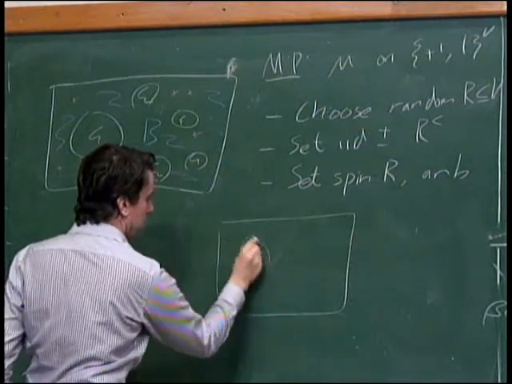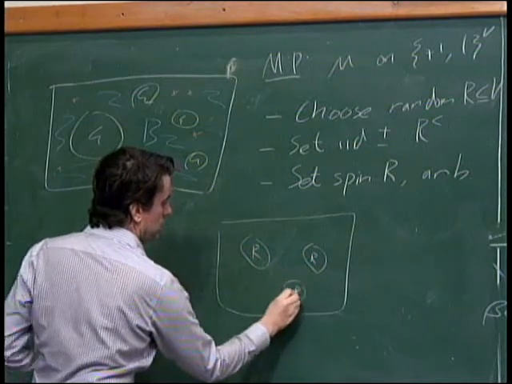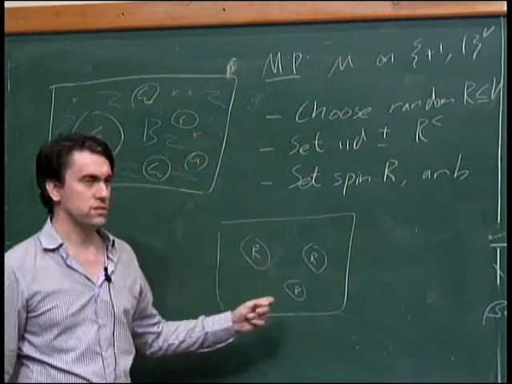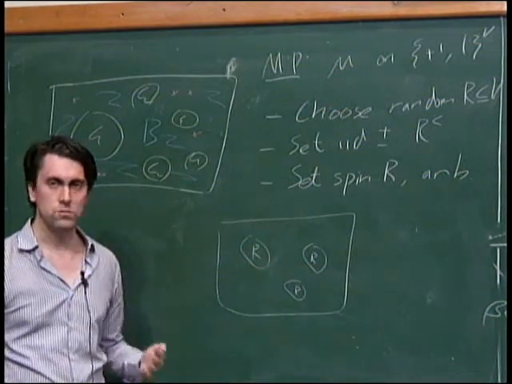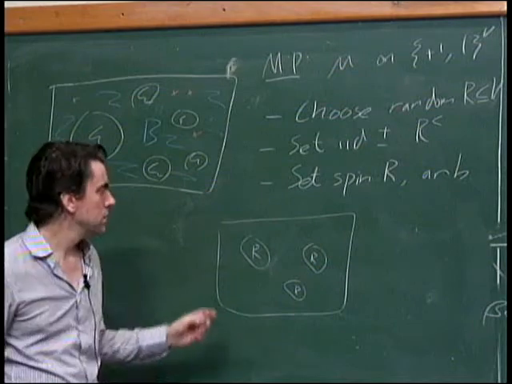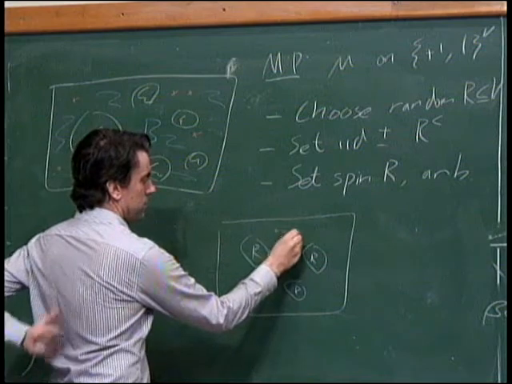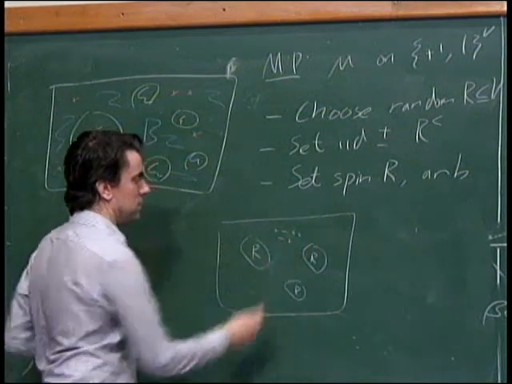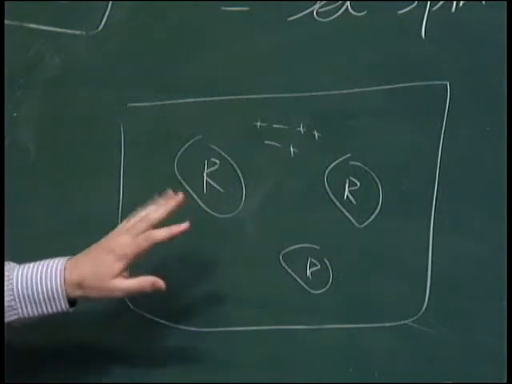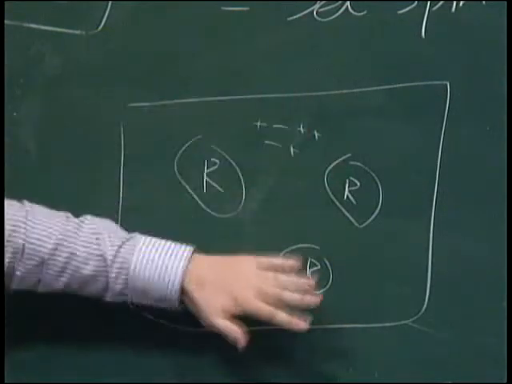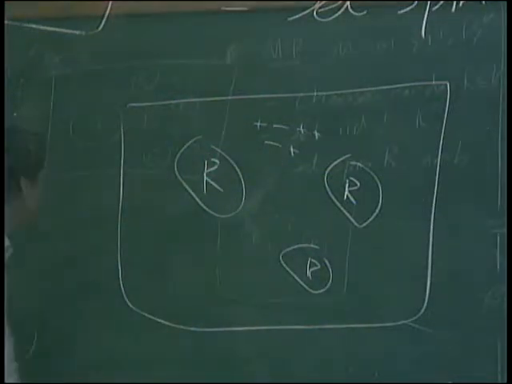So we have some set R, which is randomly chosen. We set that however you like, any random or deterministic rule you want. And on the complement of R, you just set everything independently as pluses and minuses. And so the question is, can you distinguish this from just a fully IID set of pluses and minuses?